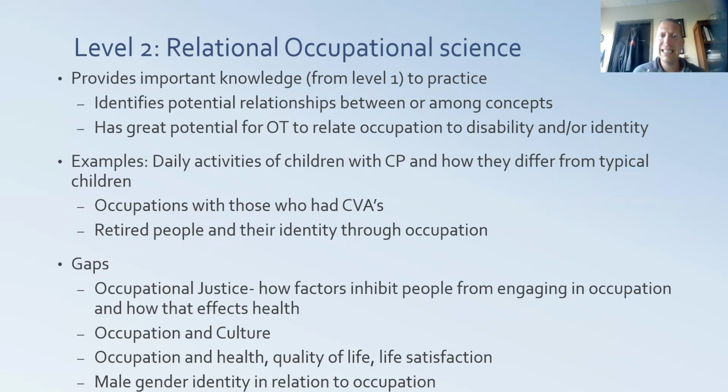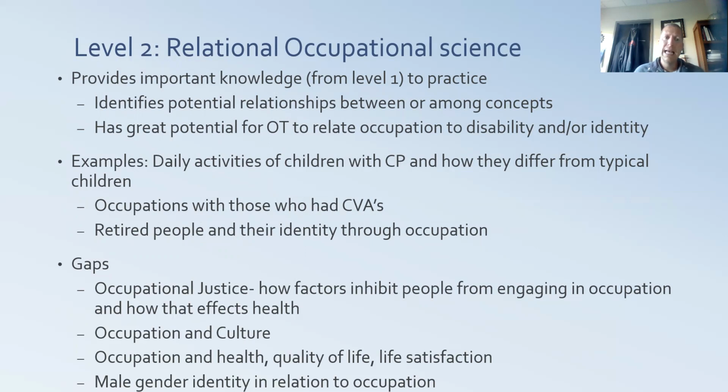It takes things from level 1, but it allows us to apply those things to practice. So in relational occupational science, it might help us identify relationships among concepts. So what is the relationship of daily activities of children with cerebral palsy compared to a typical child or a neurotypical child?